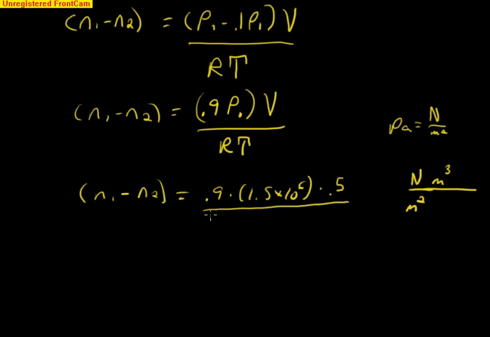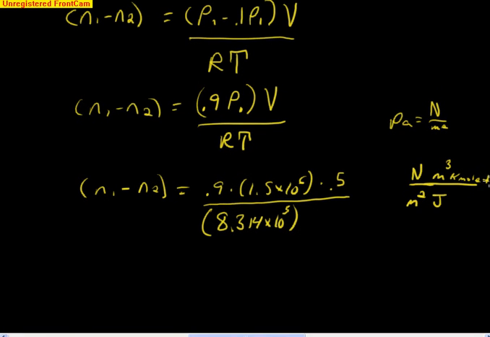This is going to be divided by our ideal gas constant, which is 8.314 times 10 to the third, and that's in units of joules per kilomole times Kelvin. Well, that was weird. I moved my screen over a little bit, but hopefully you can see that.